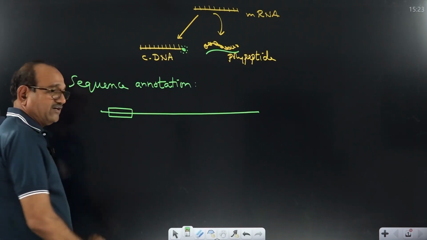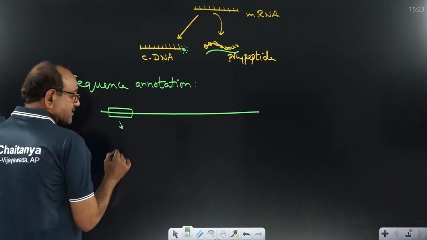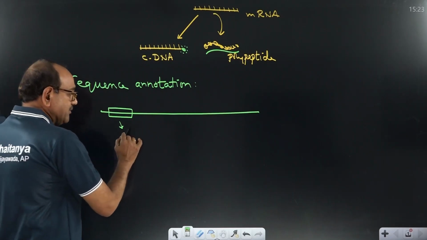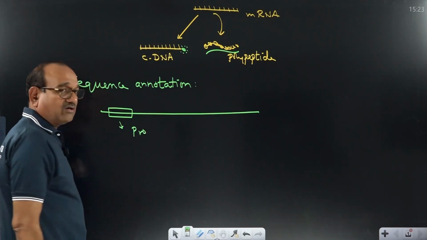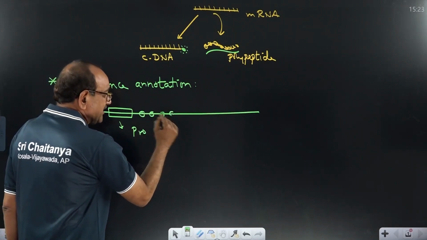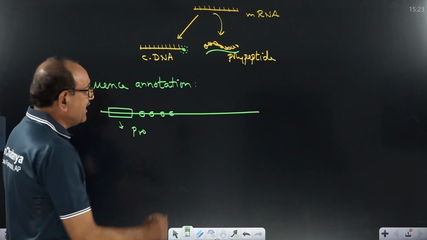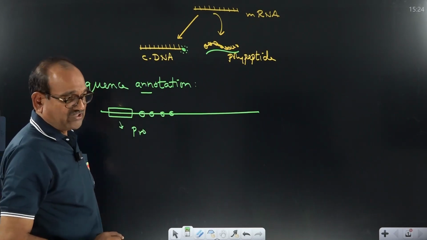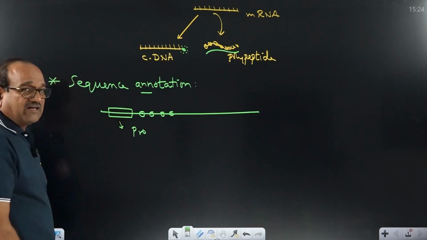If it is having some coded information, again, we have to go for further research, whether it is a structural gene or functional gene, whether it is a promoter or regulator, or whether it is an initiating codon or terminating codon, like this. So we have to assign this sequence with their functions. This is called sequence annotation. Annotation means adding a note on these particular regions. So these are the two basic approaches, whether it is expressed sequence tag technique or sequence annotation.